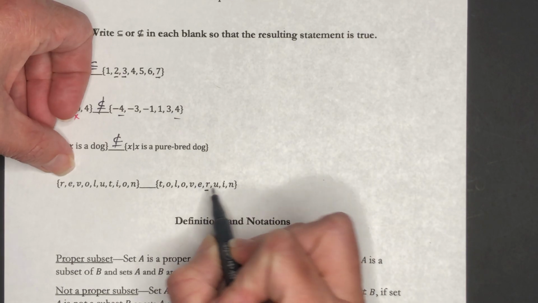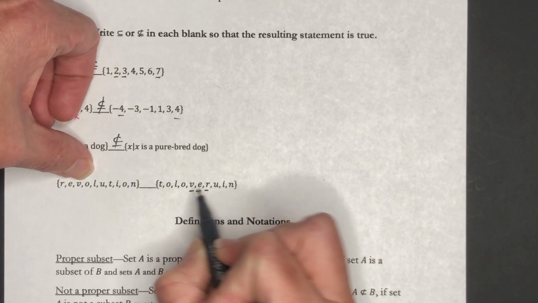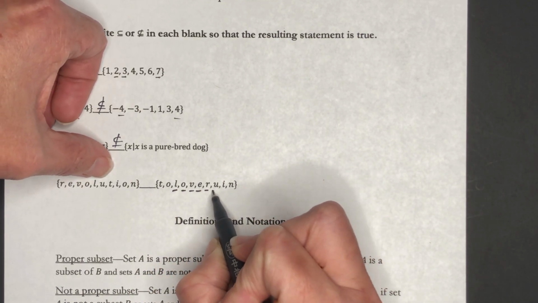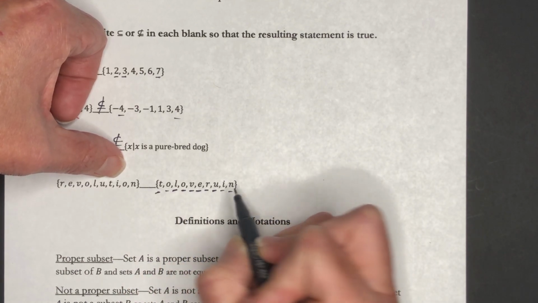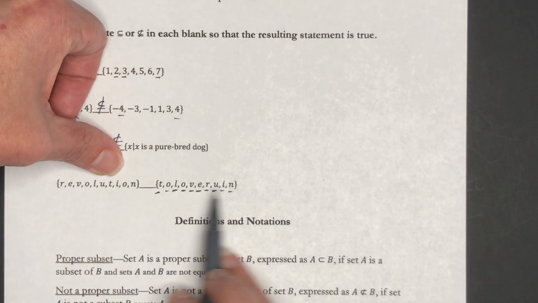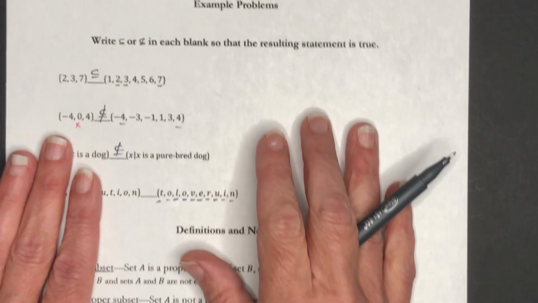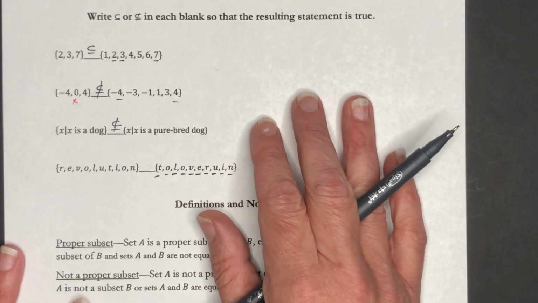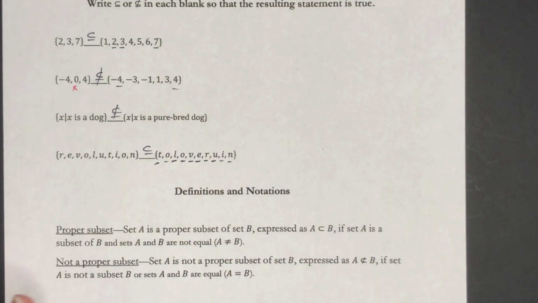R is here, E, V, O, L, U, T, I, O, N. Everything here is also in here. Now it turns out that these are exactly the same. So this is that special case where every set is a subset of itself. So your answer here is that it is a subset.